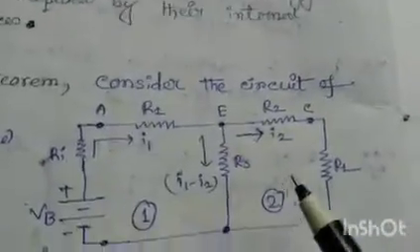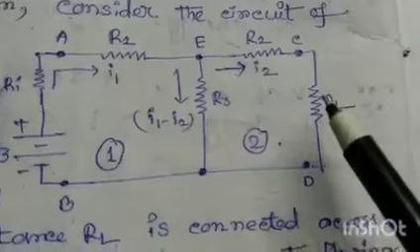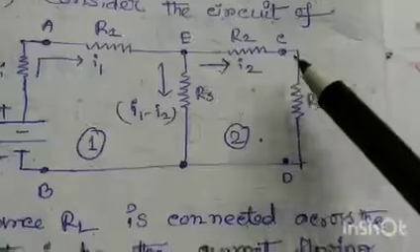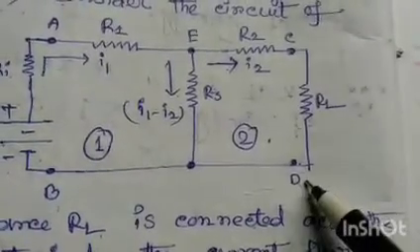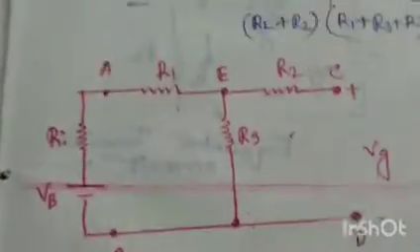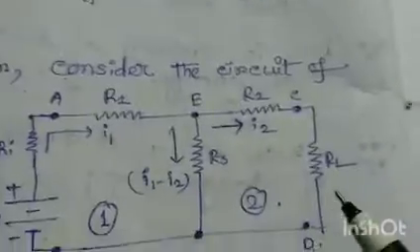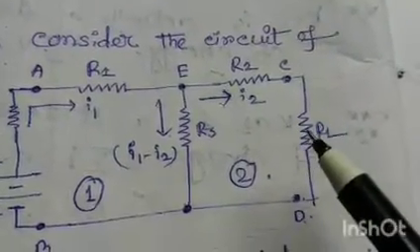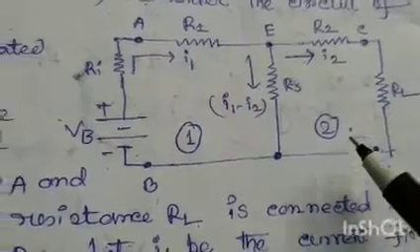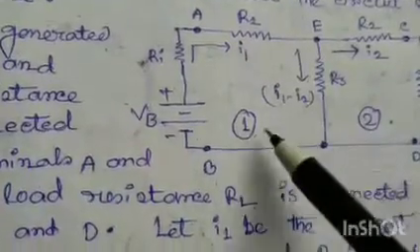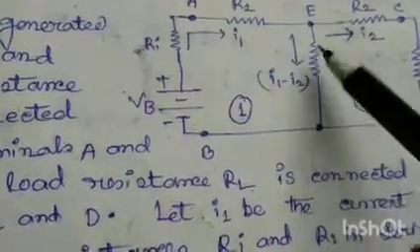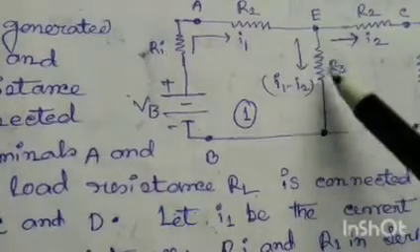Remove this RL and calculate the voltage between C and D, that is the open circuit voltage. If you remove this RL, there will be no flow of current. So simply you calculate the voltage across this point. This voltage should be the open circuit voltage VG.